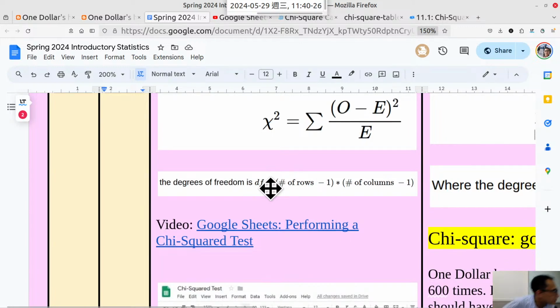Degree of freedom is the number of rows minus 1 times the number of columns minus 1. We have 3 rows, different ages. We have 3 columns: beef, chicken, and vegetarian. So 3 minus 1 times 3 minus 1, that would be 2 times 2, that would be 4.